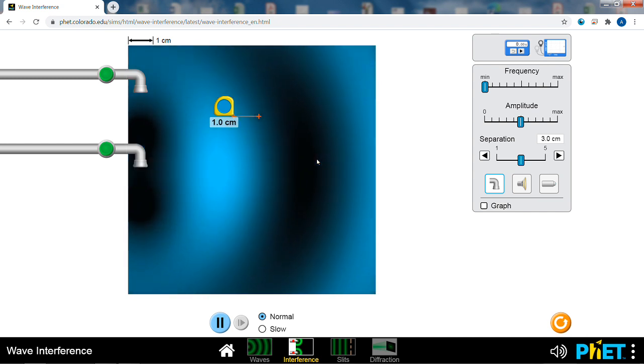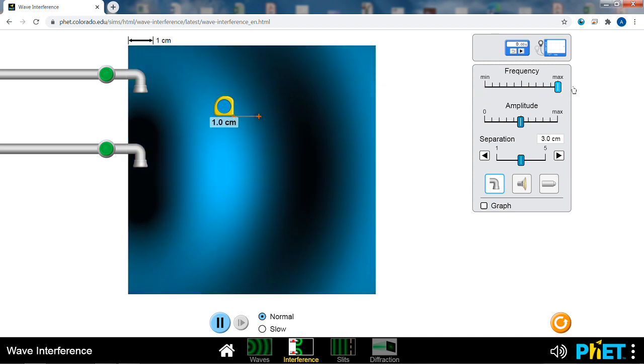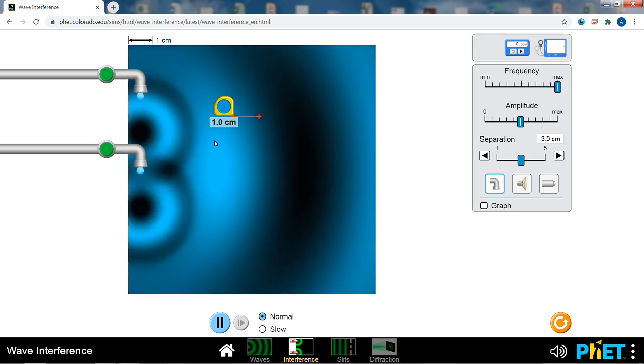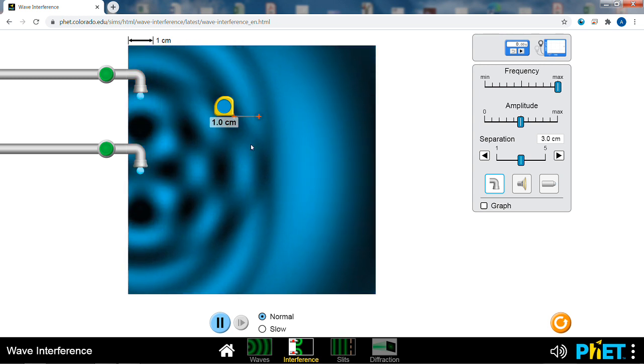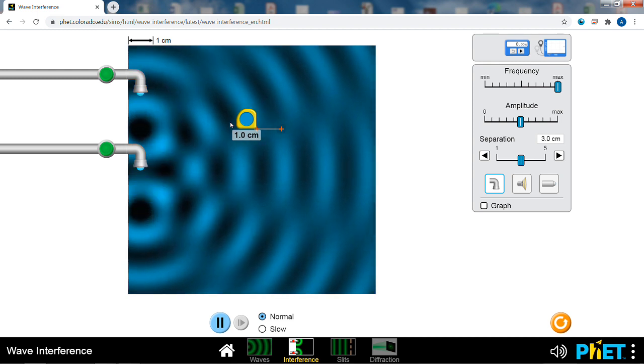So that means that the theta value here becomes larger. And if I decrease the wavelength, then that means now our interference patterns move a lot closer to each other. This is because the wavelength is smaller, so the waves can more easily interfere with each other with a smaller difference in the path length.